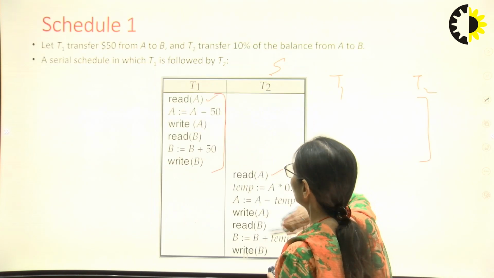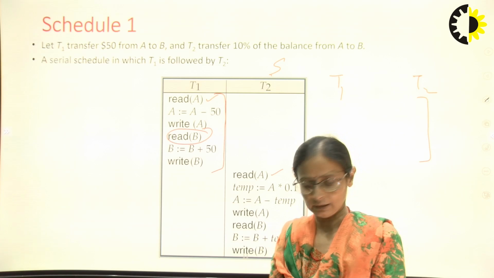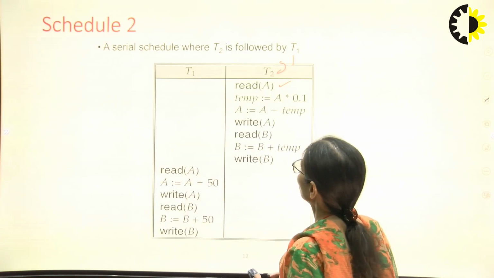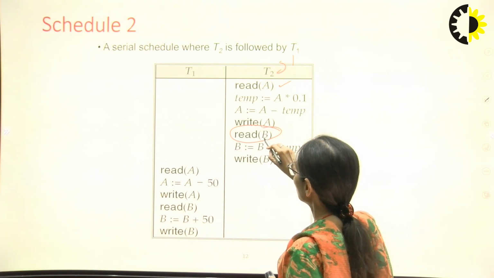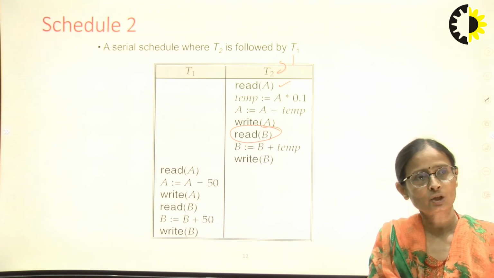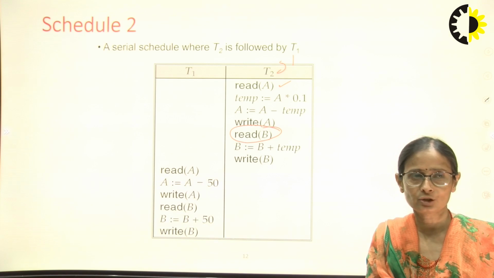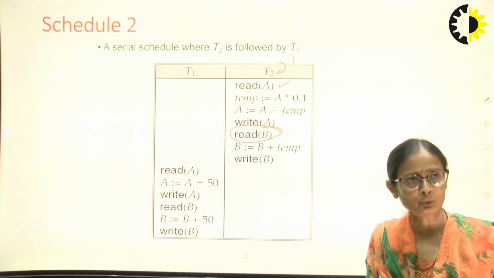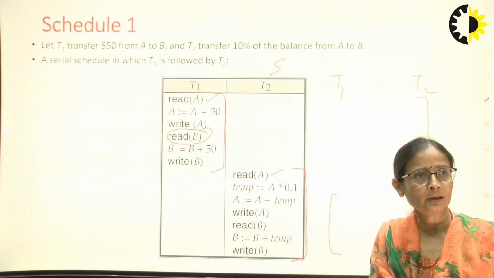But here what is happening? B is initially read by transaction T1, whereas in the case of schedule 2, the value of B is initially read by transaction 2. That is why schedule 1 and schedule 2 are not view equivalent to each other, but schedule 1 and schedule 3 are view equivalent.